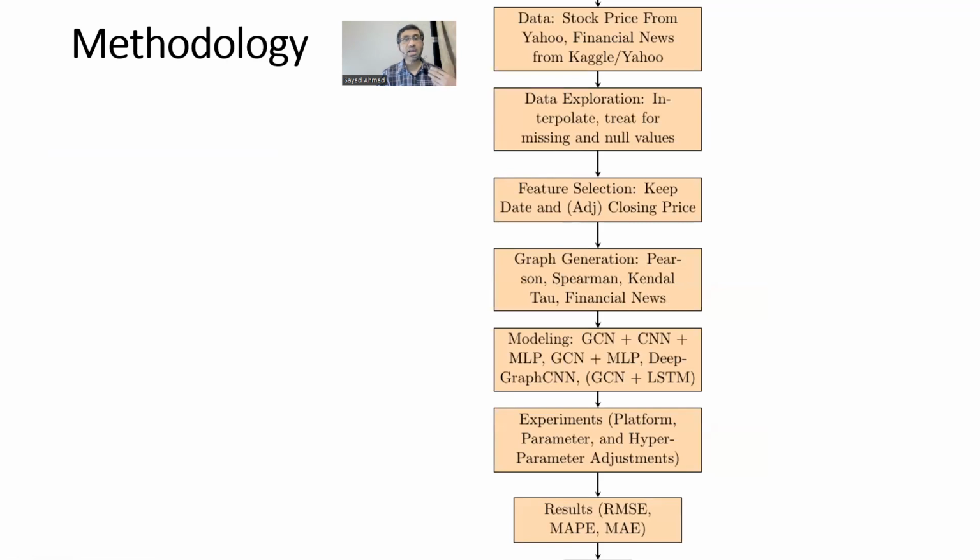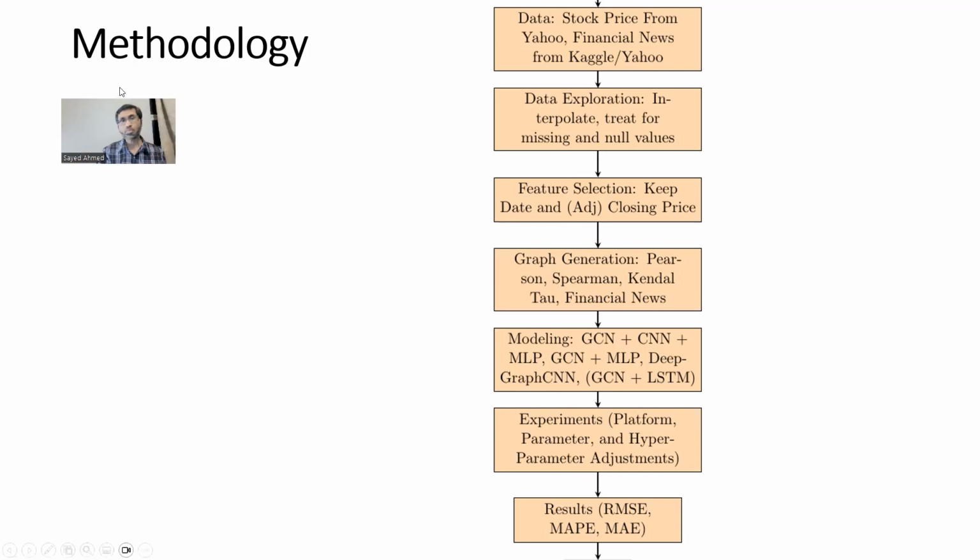So yes, I tried to implement the approach as closely as possible. This is my approach. In terms of data, like the paper, I also used the Fortune 30 companies out of the Fortune 500 companies.